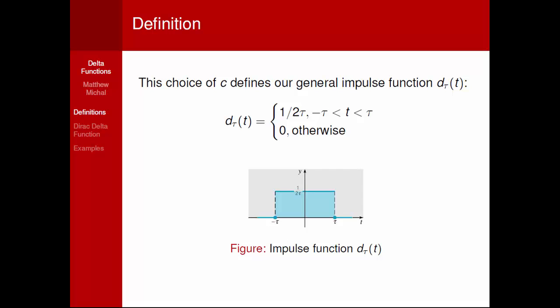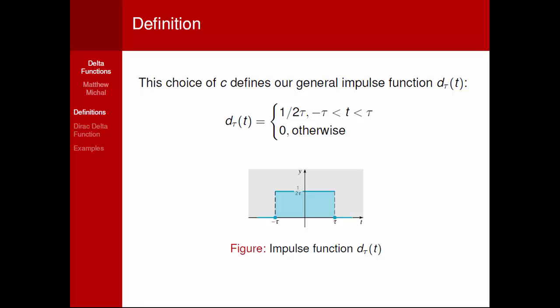And so we define this function, our g, we typically call this the general impulse function. For any general tau, so that's just how wide my base is, my d tau of t is 1 over 2 tau. And 0 elsewhere, just like we defined earlier. Well, then as we've talked about before, this is just the area of a rectangle, so easy peasy, right?